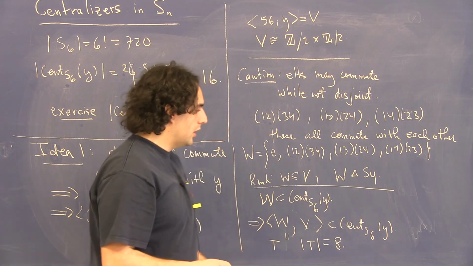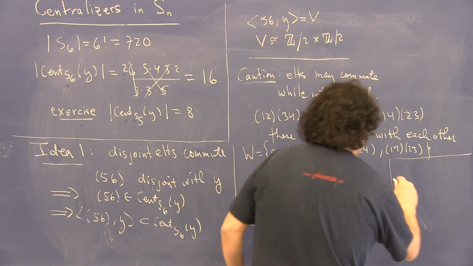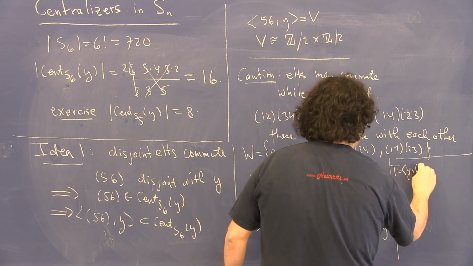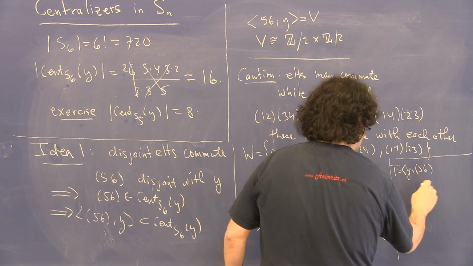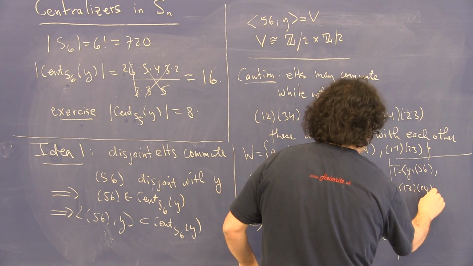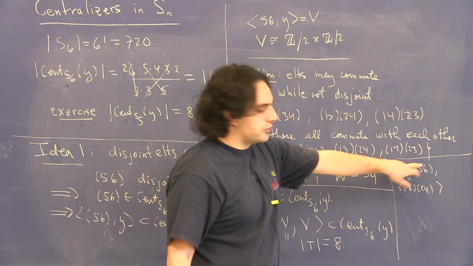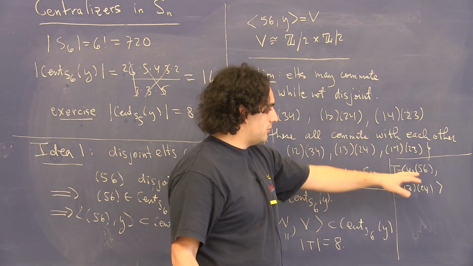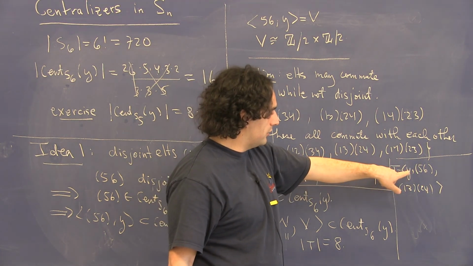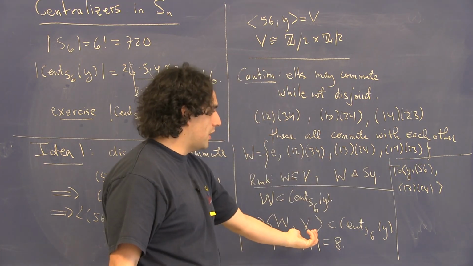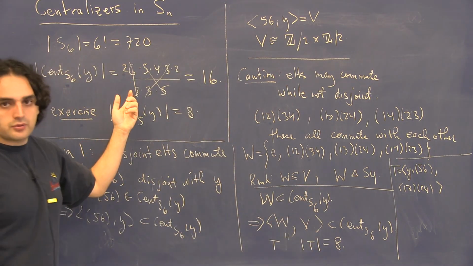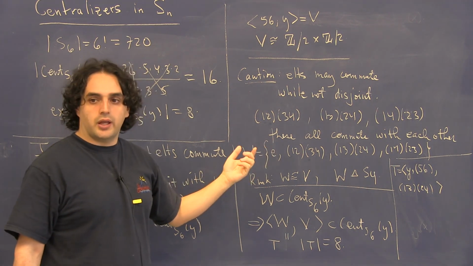So T is generated by y, by the transposition (5 6), and by, I can take another one of these, (1 3)(2 4). So it's in fact generated just by these 3 elements, and these 3 elements generate kind of like a basis in a vector space. This is why we have 8 elements. But the order of the centralizer is 16, so we're still on the lookout for another 8 elements.